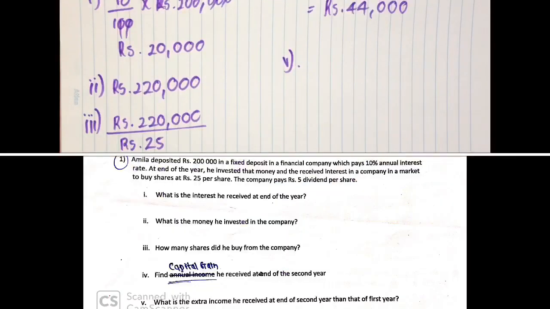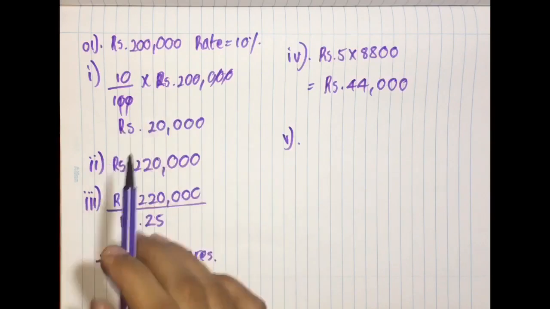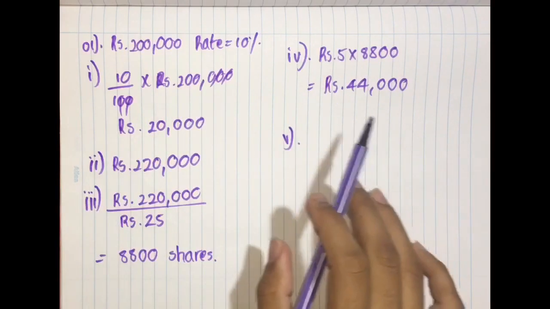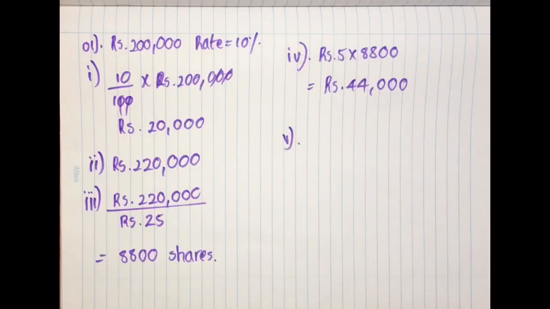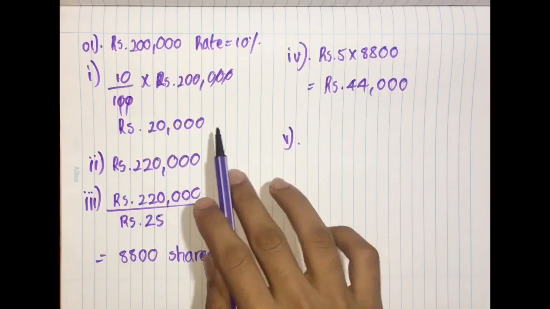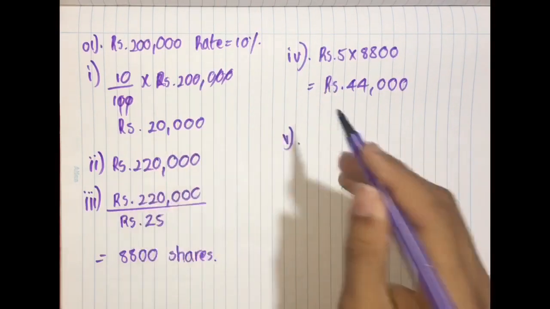Let us check the last question. What is the extra income he received at the end of the second year than that of the first year? Now look here, during the first year, since he deposited in the bank, he got only 20,000. But when he deposited the total amount with the interest, he got altogether 44,000. So they're asking you how much is more. So you have to subtract 20,000 from 44,000.